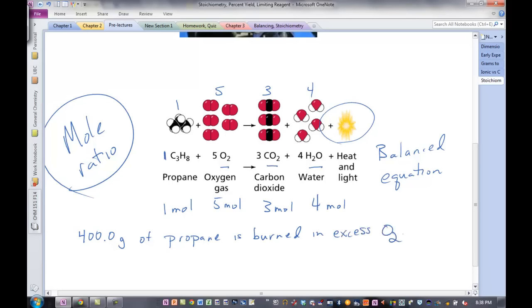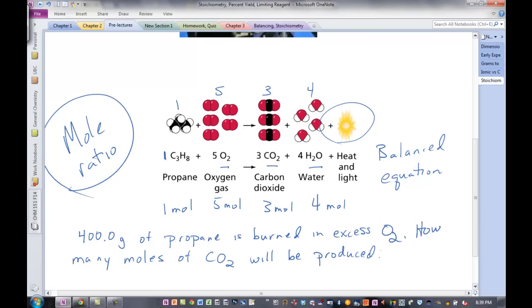Okay, so typically if you were doing this, say you have a propane grill, all right, there's going to be plenty of oxygen, so we don't have to worry about the oxygen. How many moles, and let's stop at moles here. We'll talk about grams later. How many moles of CO2 will be produced?